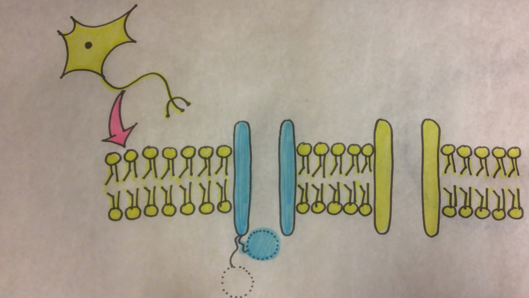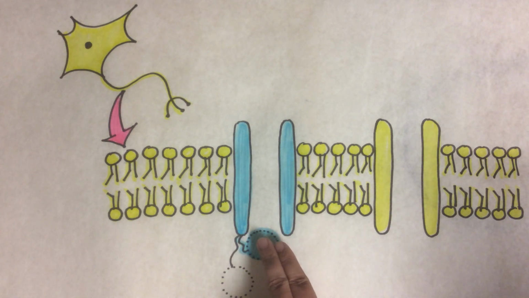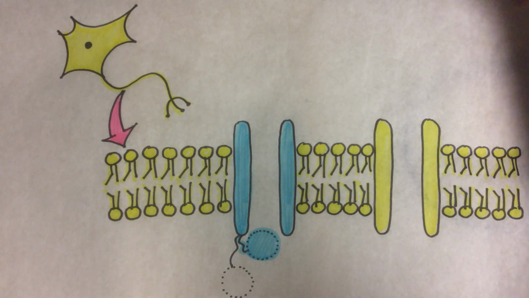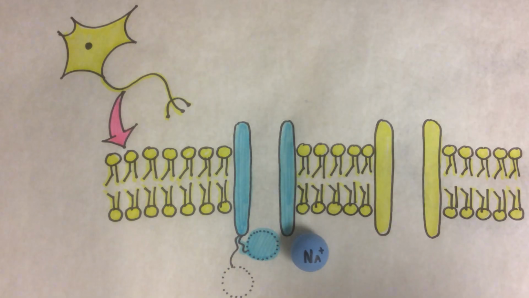Let's look at the sodium voltage-gated channel. Its structure has this little polypeptide ball on the bottom, so when the voltage approaches negative 55 millivolts, it will open. And it opens up wide, which allows a huge amount of sodium to come into the cell.